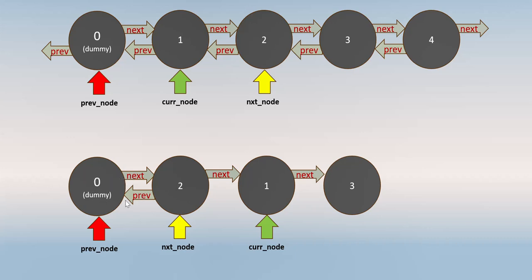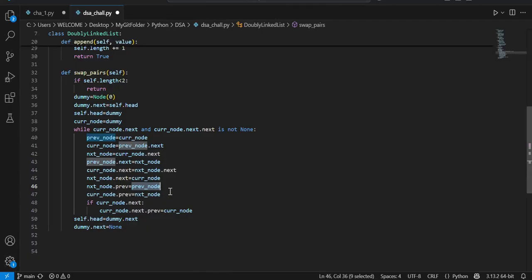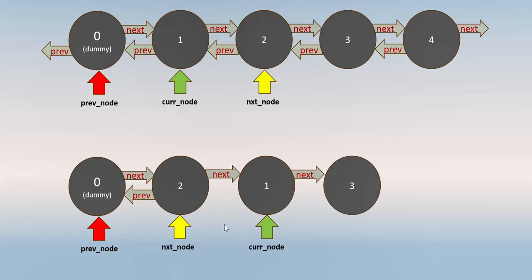That's what we have observed here, right? Now coming to the next line, current node dot previous equals next node. So the previous pointer of 1 will point to 2. The previous pointer of 1 is now pointing to 2.